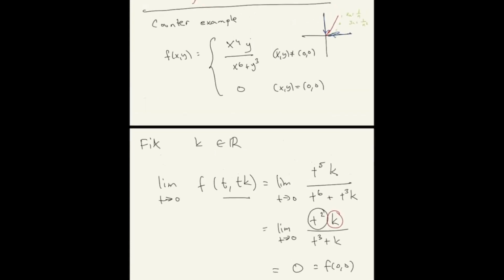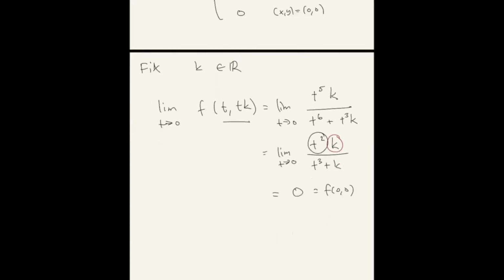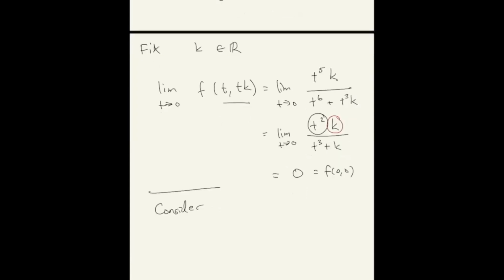But as said, this is only controlling the linear directions. What if our sequence of points approaches somehow along a parabola? So consider a sequence of points (x_n, y_n), given by x_n equal to 1 over n and y_n equal to 1 over n squared.